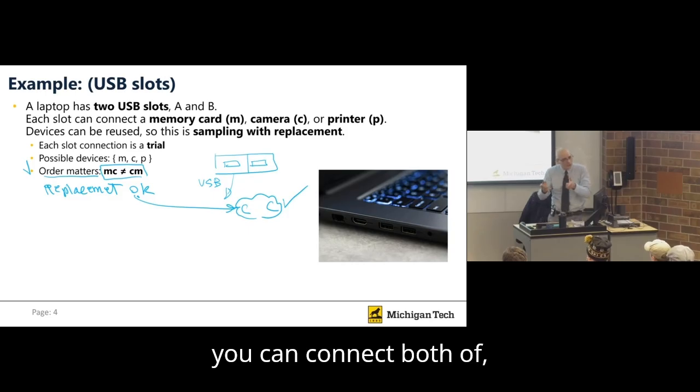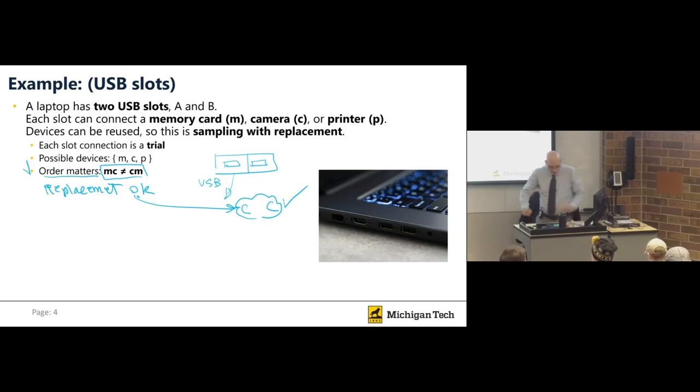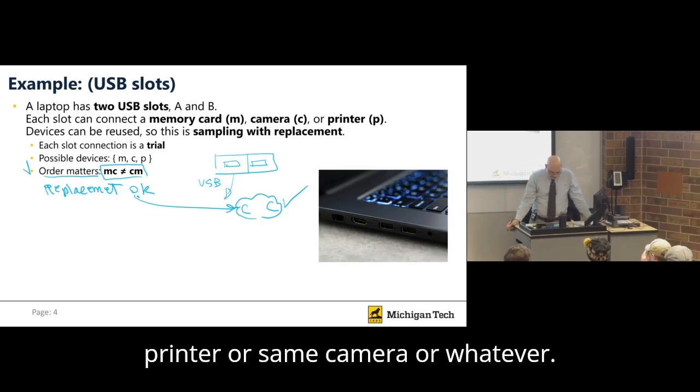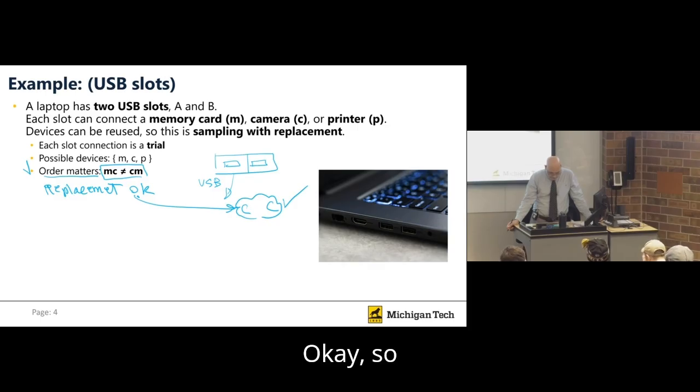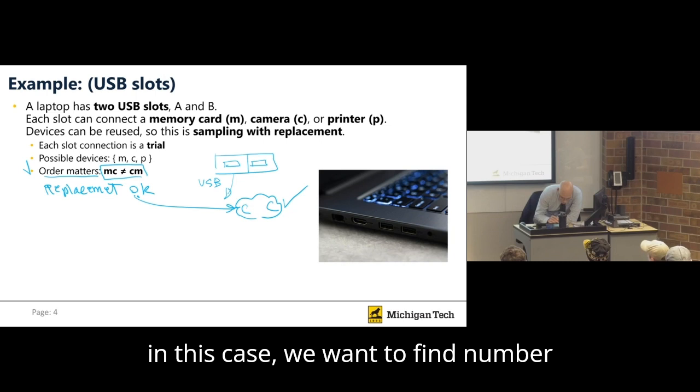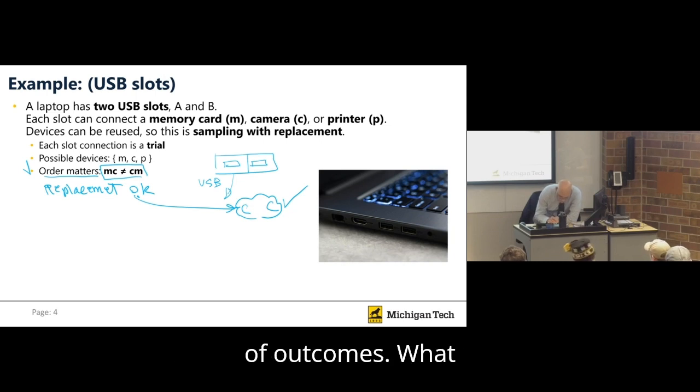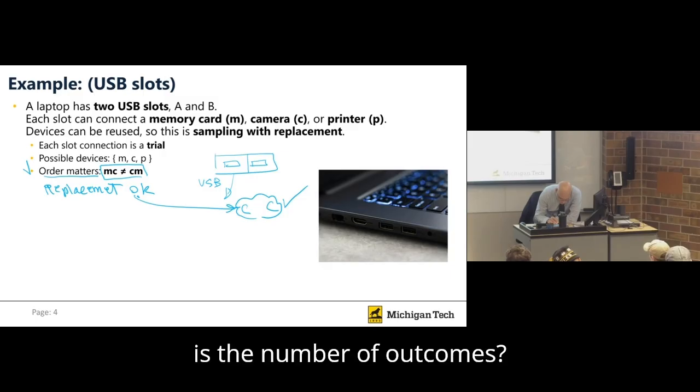You can connect both USBs to the same printer or the same camera or whatever. Okay? So in this case, we want to find the number of outcomes. What is the number of outcomes?